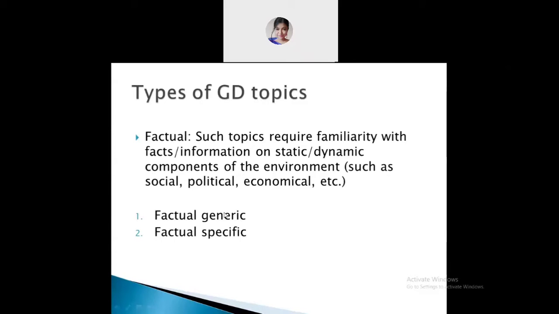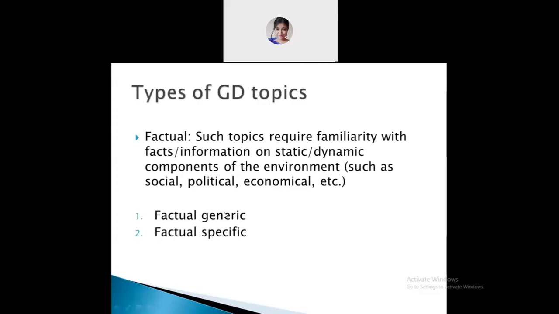The topics in group discussion are generally common ones, not very hard or tough ones, so that everyone can at least provide some information related to the topic. So in group discussions, generally you will get factual topics rather than abstract topics.